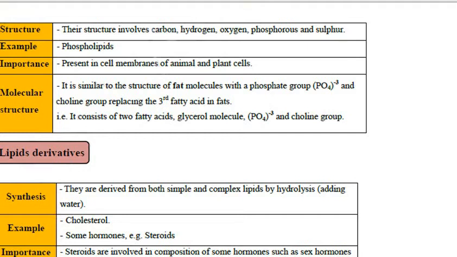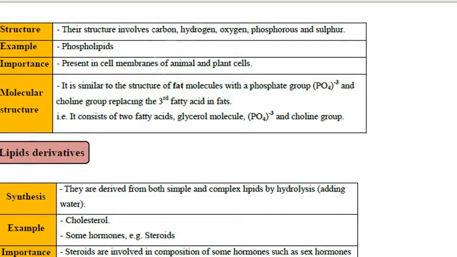So the complex lipid, phospholipid, in the plasma membrane has two fatty acids. We can remember that three fatty acids are fats and oil, one fatty acid is like wax, and two fatty acids are like phospholipids.